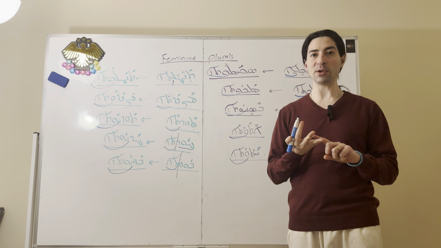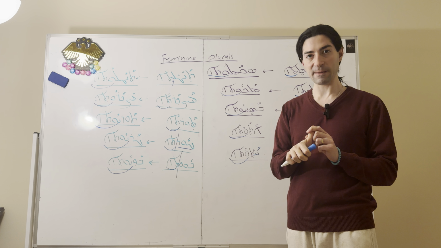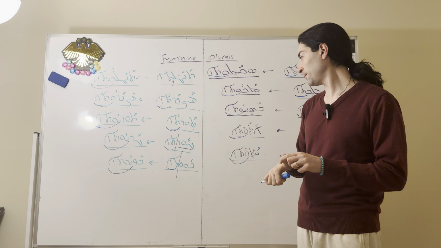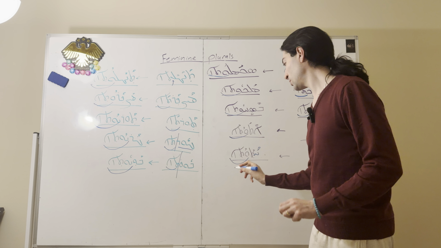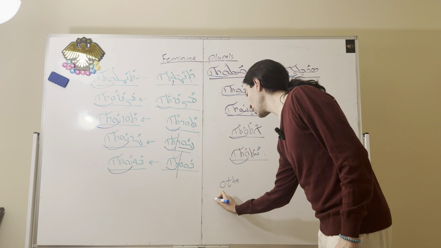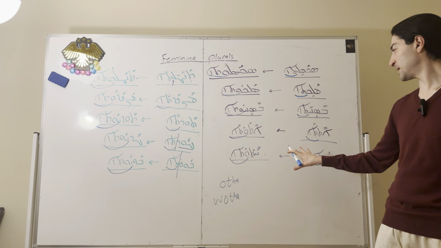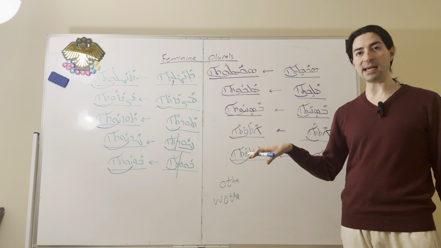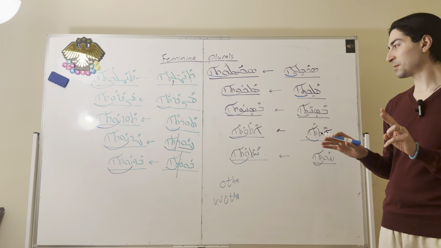So really, for all feminine nouns, when we want to form the plural form, it has to end in one of three endings. Either otha, which is the most common one, or wotha. And wotha is very specific to nouns that end in tha and are made up of only two syllables.